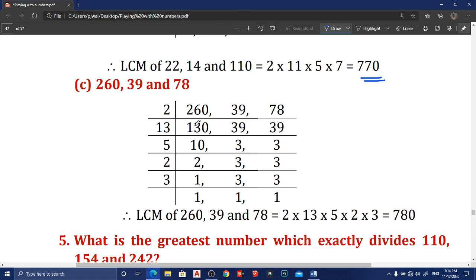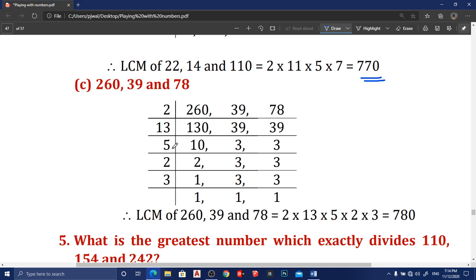Next, 260, 39 and 78. So try with 2. 2 130s, 2 13s are 26. That's why 2 130s. 39 bring down. Here 2 39s, 78. 2 3s are 6, 1 will be there, remainder 18. 2 9s are 18. Next, here if you observe, the 13 table you can take, because all are multiples of 13. 13 10s, 13 3s, 13 3s.